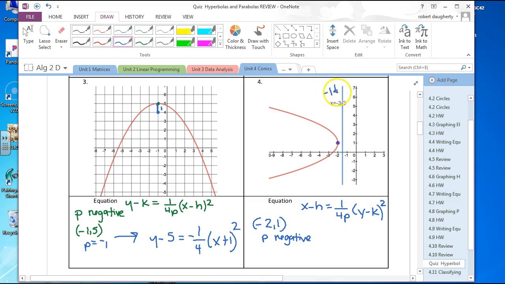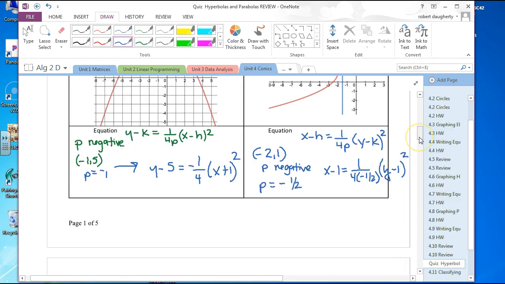That's -1.5. What's the distance from -1.5 to -2? That distance is 1/2. So p is going to be -1/2. So this means that x minus 1 equals 1 over 4 times -1/2 times y minus 1 squared. Simplify that just a bit, and you will get x minus 1 equals negative 1/2 times y minus 1 squared.